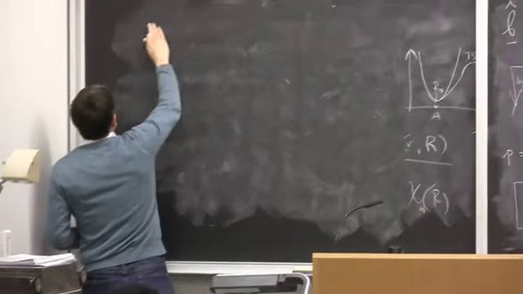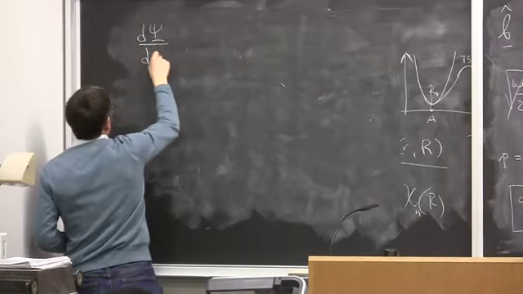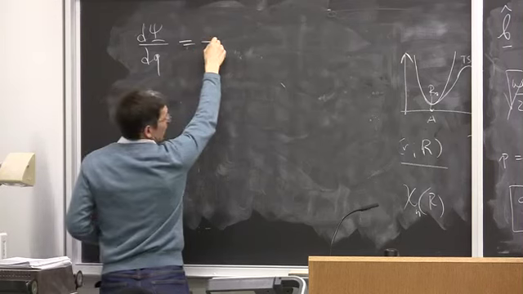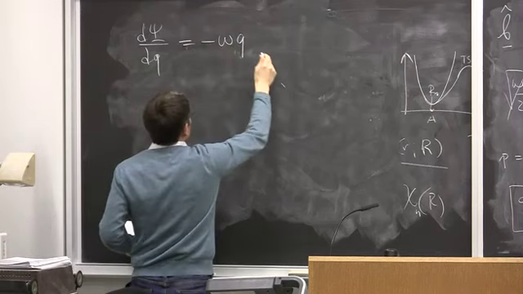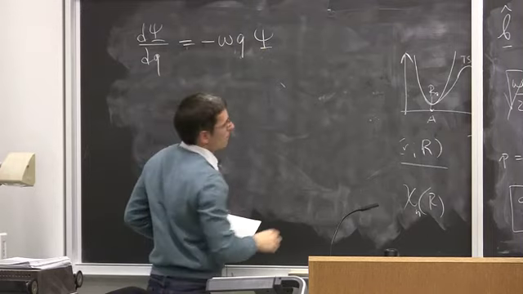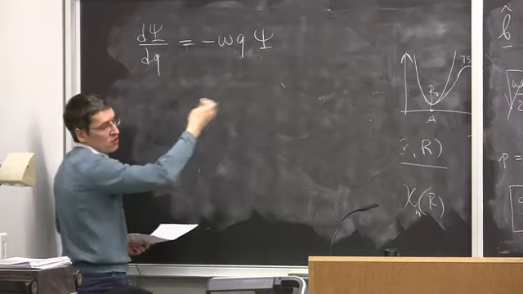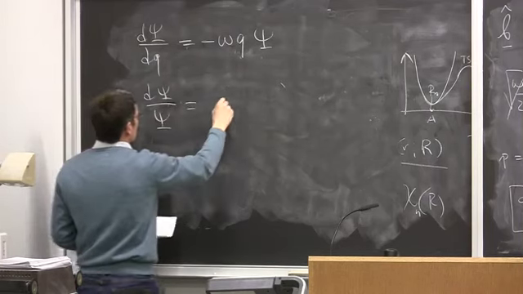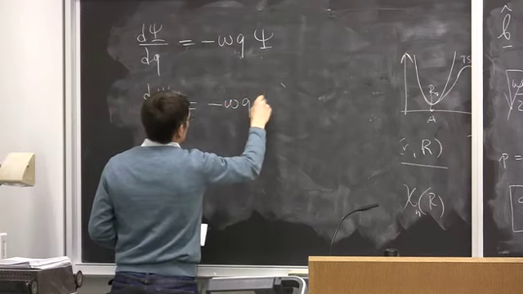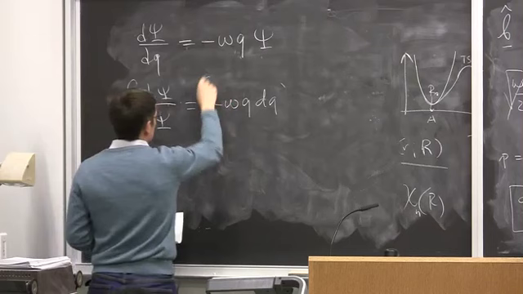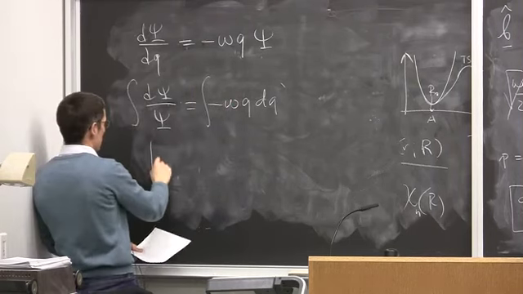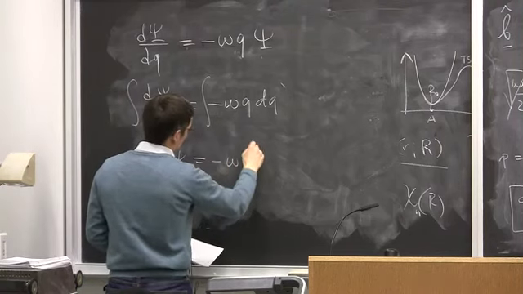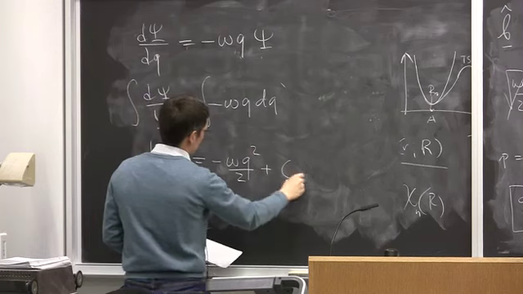So let's see. You have the derivative of the function with respect to Q equal to minus omega Q times the function, right? So you can just separate variables: d psi divided by psi equals minus omega Q dq, integrate, right? So this gives you the logarithm of psi equals minus omega Q squared divided by 2 plus C, right?